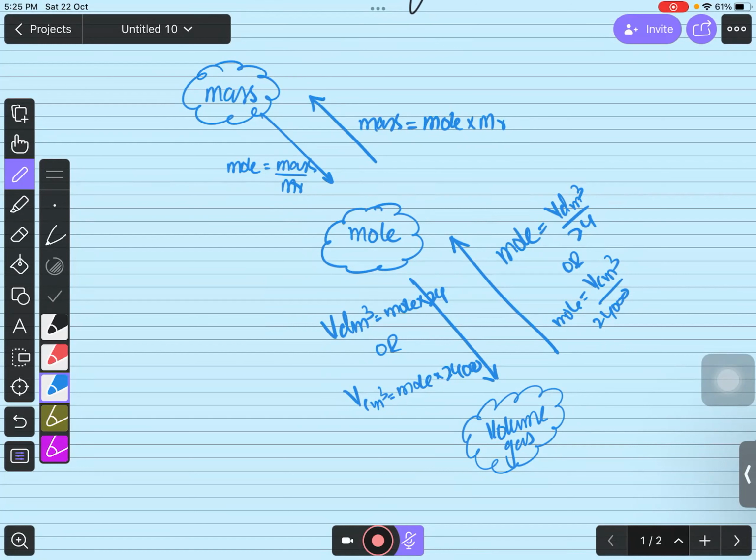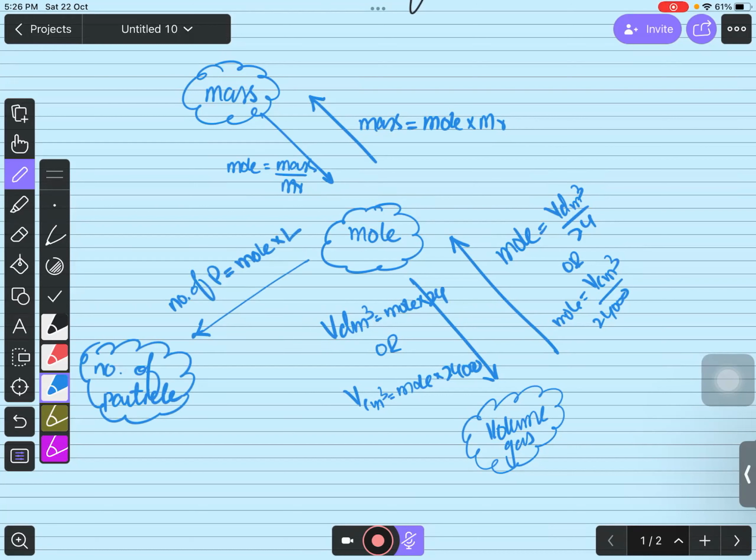चलें, तो sir, हमें क्या करना होता है बच्चों? If you want to find out number of particles, we know that they can be number of atoms, number of molecules, or number of ions, right? So if you want to find these from moles, number of particles can be found when we multiply moles with Avogadro constant, right बच्चों?